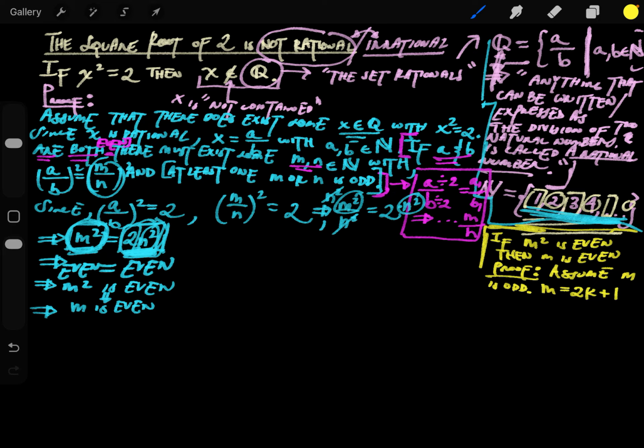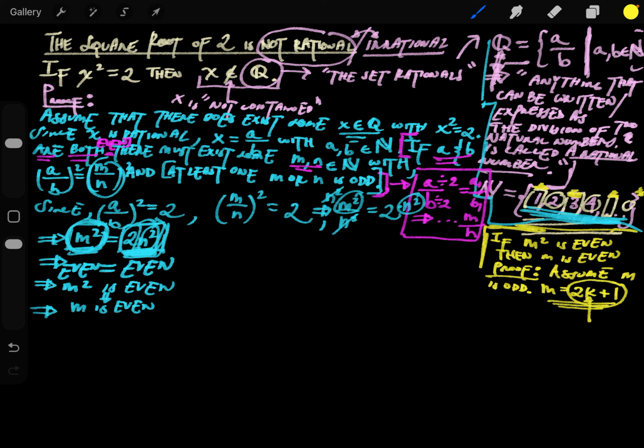Now, we want to just convince ourselves that if m is odd, then m can be written like this here, where 2k plus 1 can be any odd. So what do I mean by this? So look at the odds. If it's 1, then k is 0. If it's 3, k is 1. If it's 5, k is 2. If it's 7, k is 3, and so forth. And I'll be able to get any odd with the appropriate natural number k.